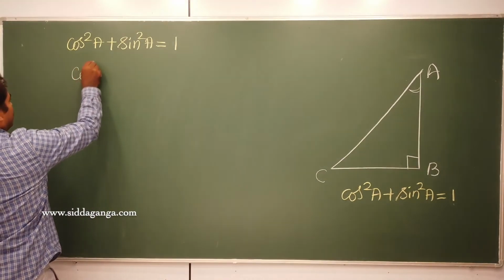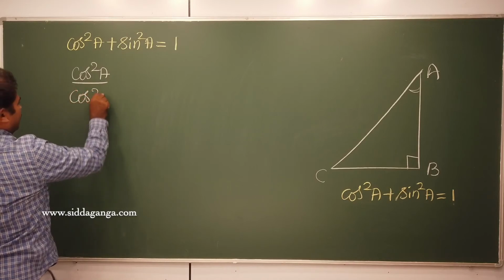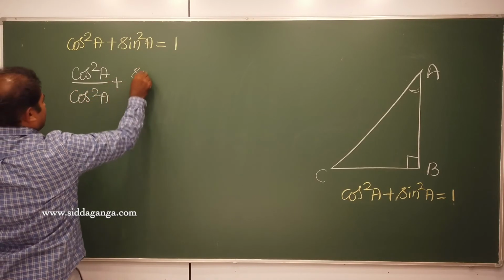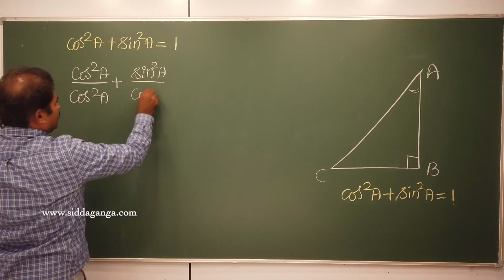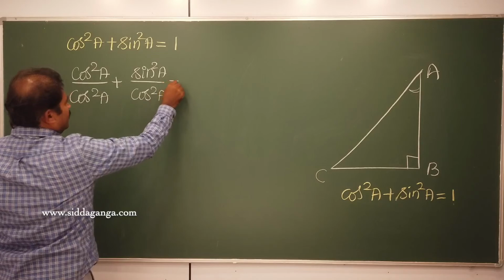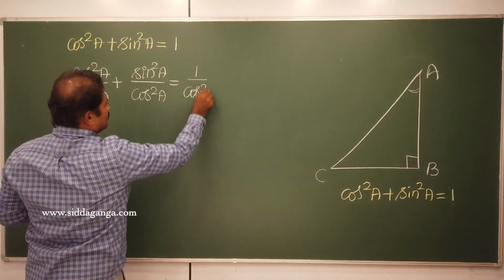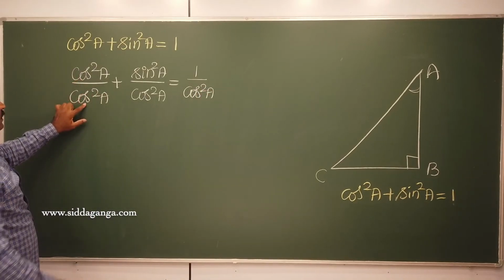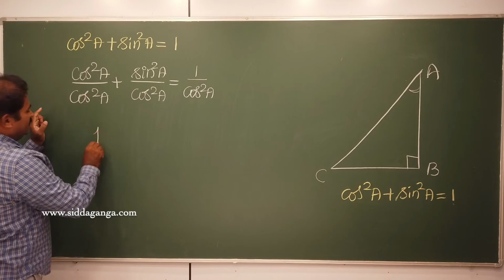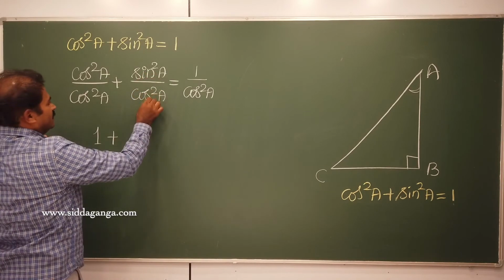That makes it cos square A divided by cos square A plus sin square A divided by cos square A, which is equal to 1 by cos square A. So cos square A divided by cos square A gives you 1, plus, here you have sin by cos.